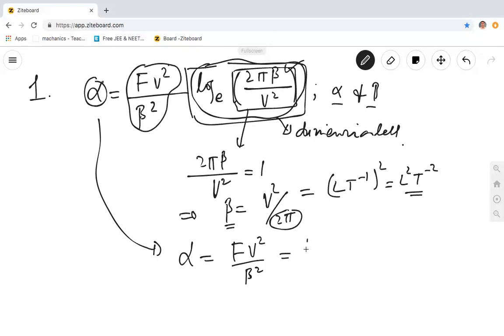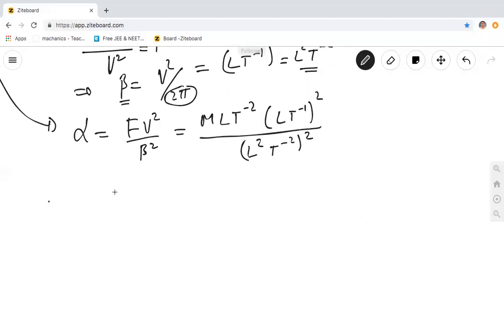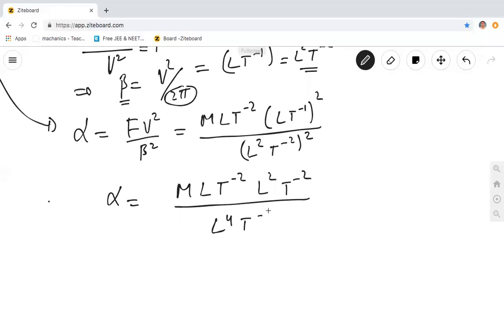So F is force, m L T minus 2, the dimensional formula, and v square is L T minus 1, velocity square of it, and beta square is L2 T minus 2 square of it, because beta is substituted here and square of it is here. Now if I try to simplify it, alpha equals m L T minus 2, L2 T minus 2 whole divided by L4 T minus 4.